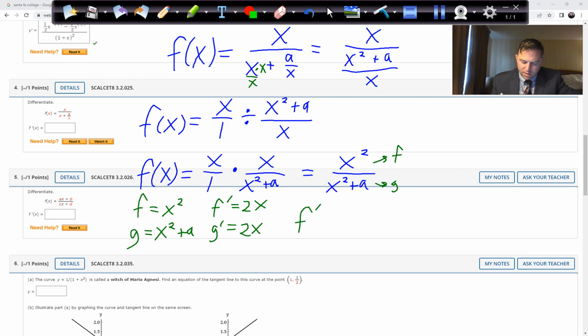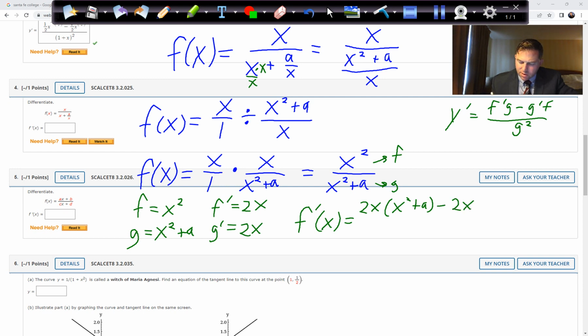So we're going to plug all this into the quotient rule, which says y prime is f prime g minus g prime f over g squared. f prime in this case is 2x times g, the original g, x squared plus a, minus g prime, which is also 2x, times the original f, which is x squared. And all of that is on top of the original g, x squared plus a squared.